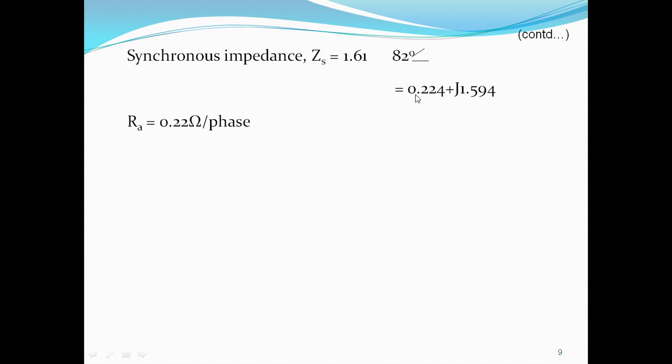Then you will get 0.224. To get the synchronous reactance, multiply 1.61 into sine of 82 degrees.